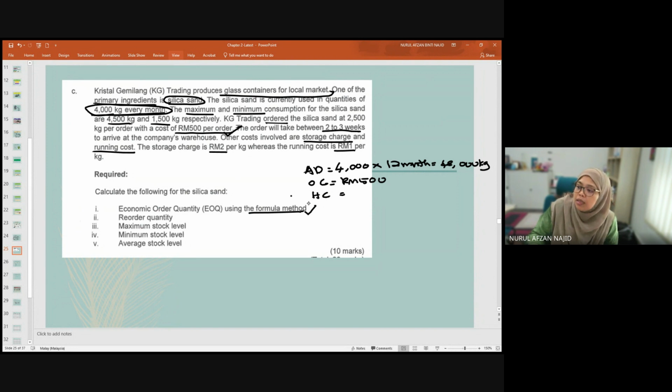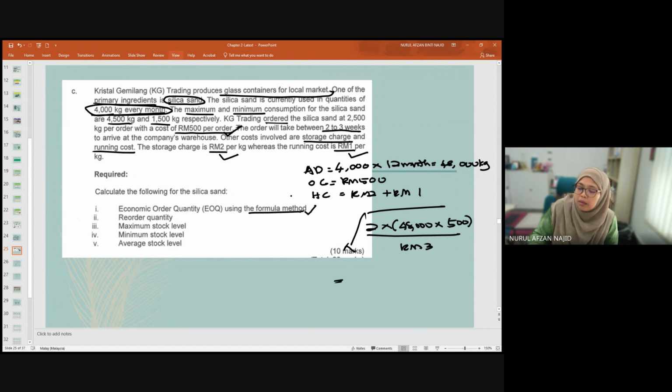Then HC mesti per item and per annum. So dia bagi dah RM2 per kg, RM1 per kg. Bermaksud HC akan jadi RM2 tambah RM1, RM3. Dan baru masuk dalam formula. What is the formula? 2 darab demand 48,000 darab ordering cost 500 bahagikan dengan RM3.